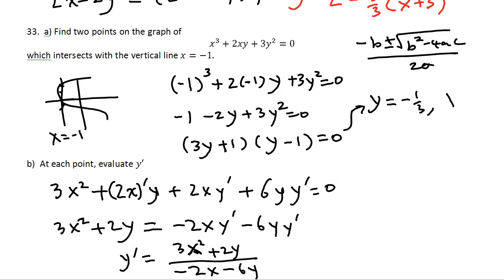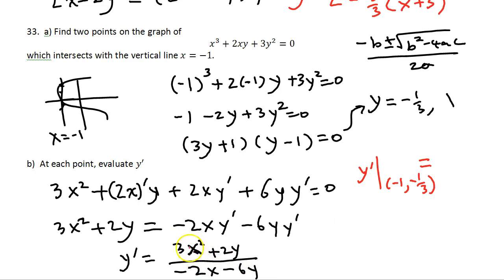And then if I go back and question what we're doing, at each point I have to evaluate this y prime. So I have to evaluate this for y prime when x is -1 and y is -1/3. So in this case, what would we have?